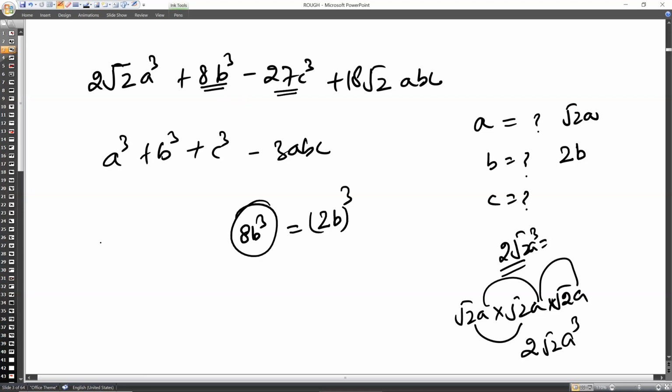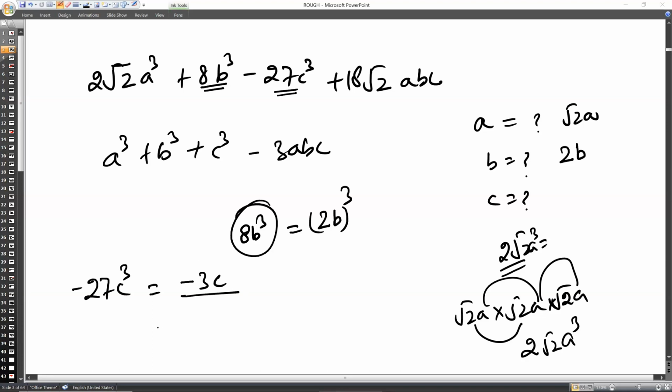And C, tell me. Minus 27c cube is the cube of which number? So we have minus 3c.